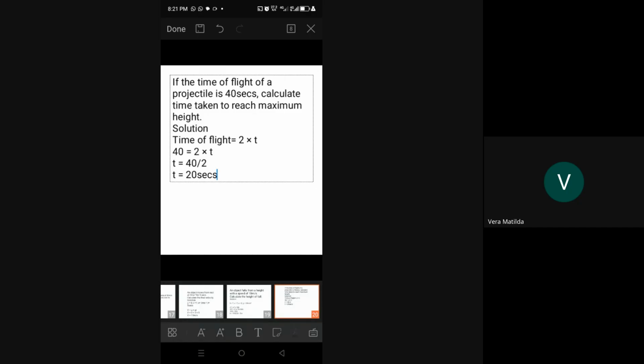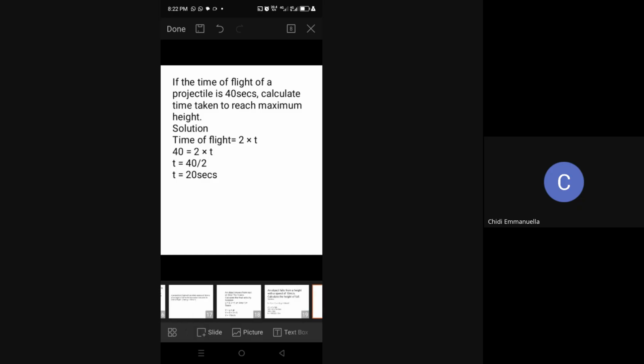It's 20, because time of flight is double time taken to reach maximum height. Don't forget that. Which means time taken to reach maximum height is half the time of flight. Is that okay? Yes, sir.